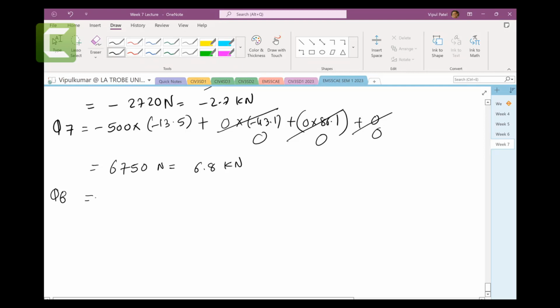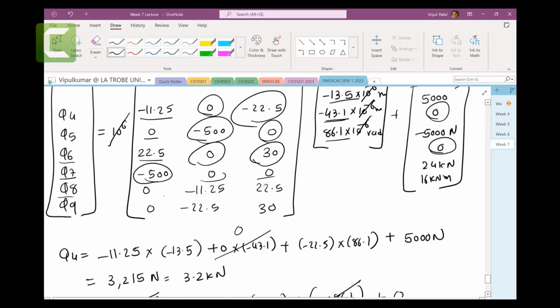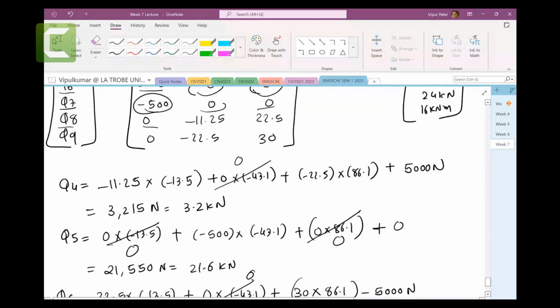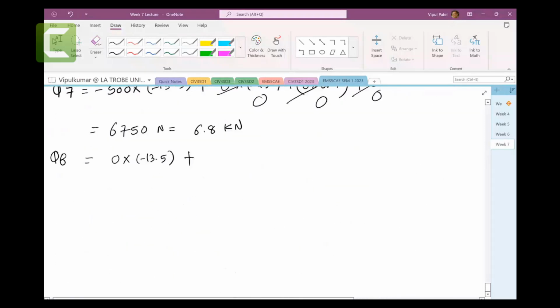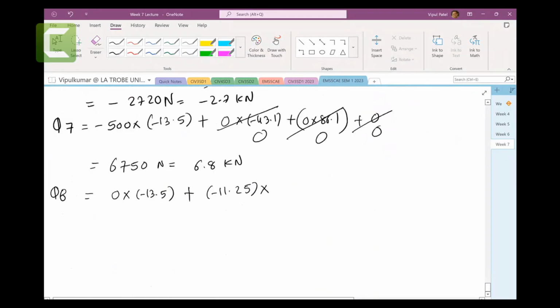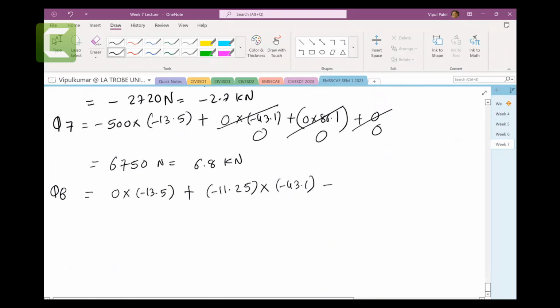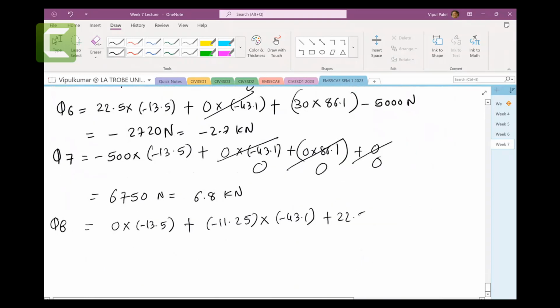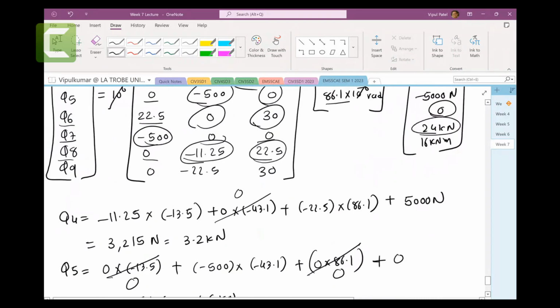Q8 equal to, there you go, 0 times minus 13.5 plus minus 11.25 times minus 43.1 plus 22.5 times 86.1, and you got 24 kilonewtons.